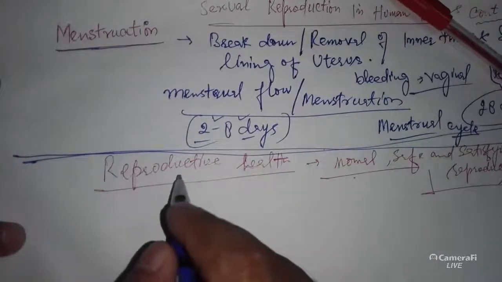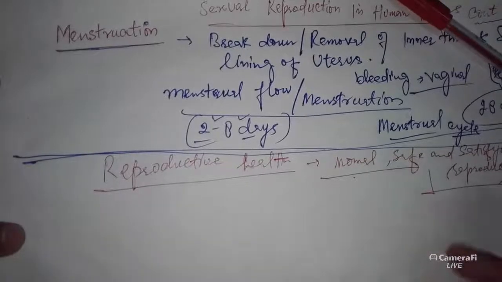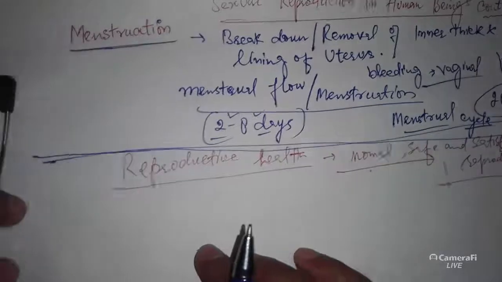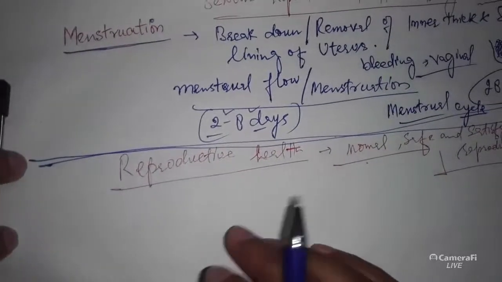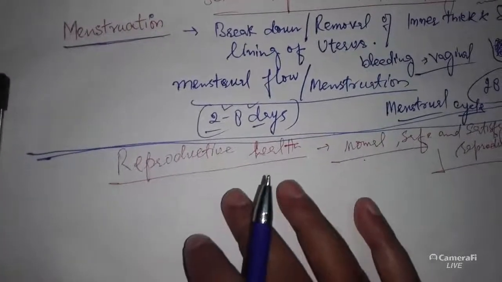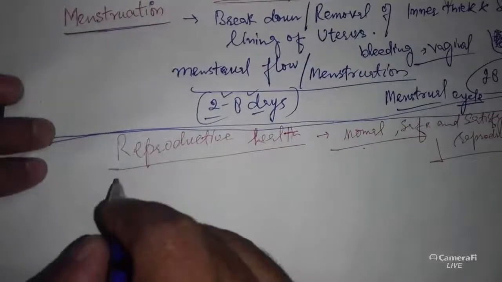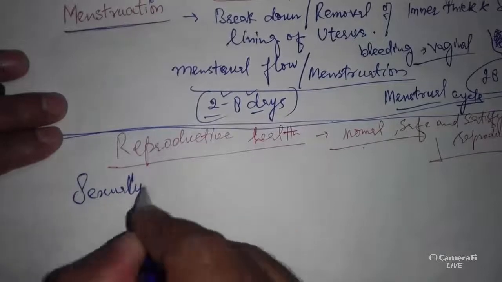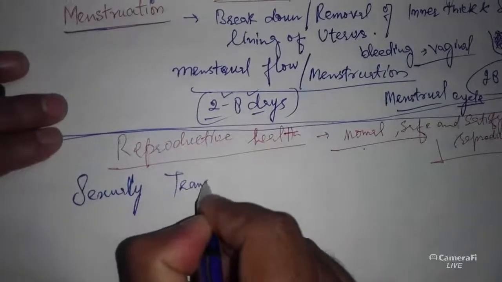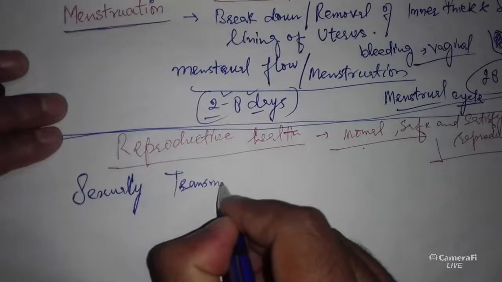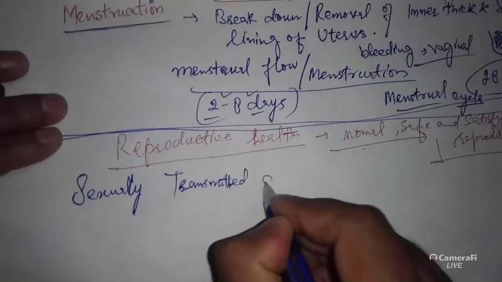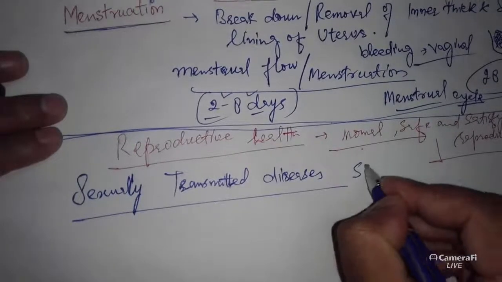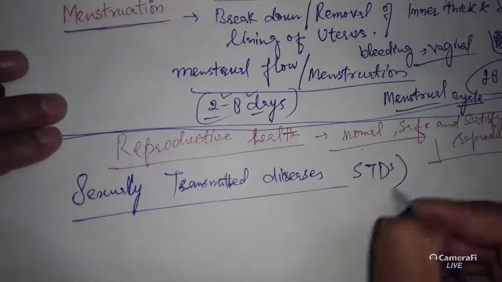For example, diseases which are specific to the reproductive system we collectively call sexually transmitted diseases, or STDs.